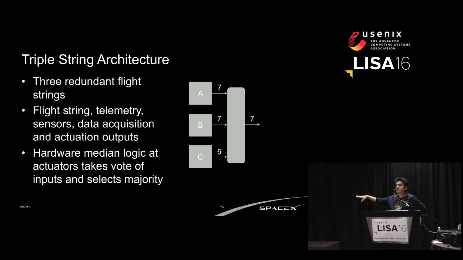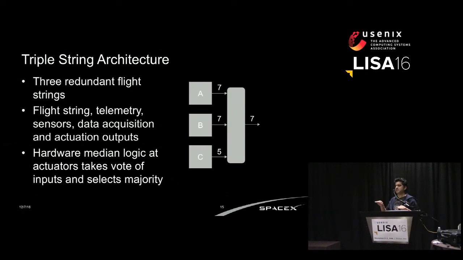If we have what's called a desync, which I don't know that we've seen in flight, it can happen because each string is running the same calculations and the same software, and they're not completely tightly synchronized. So it's possible for one flight computer to take too long on a control cycle and possibly skip a cycle.